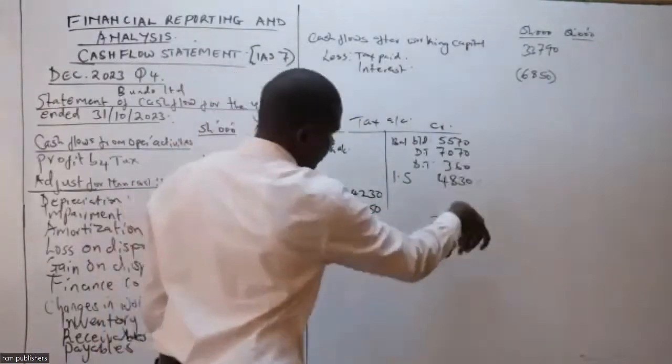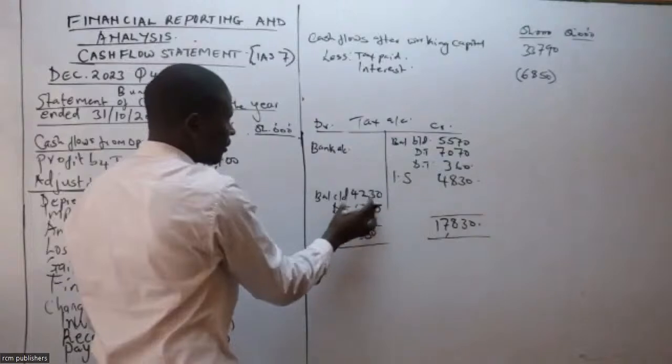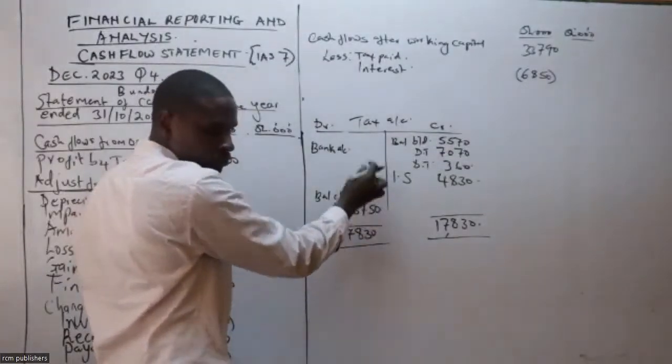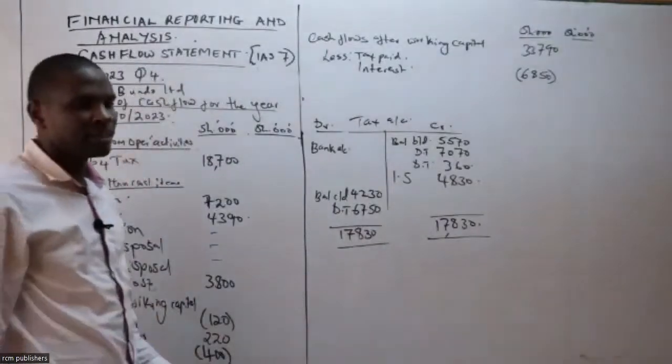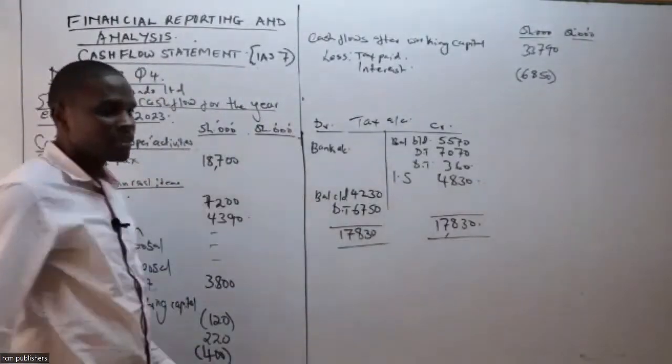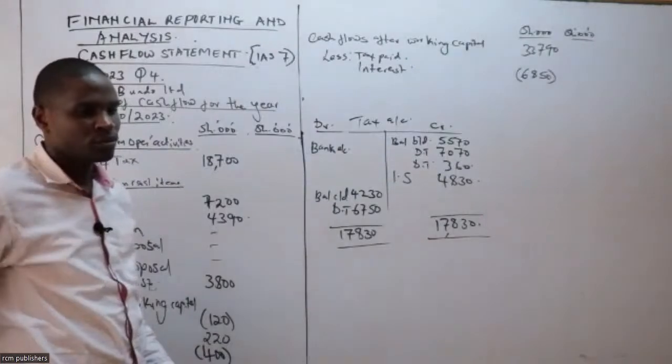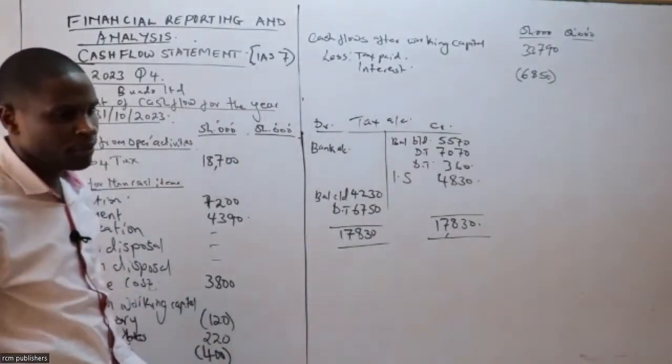And then can you subtract this to get the balance, the tax that was paid. Whatever you get there is the tax paid.